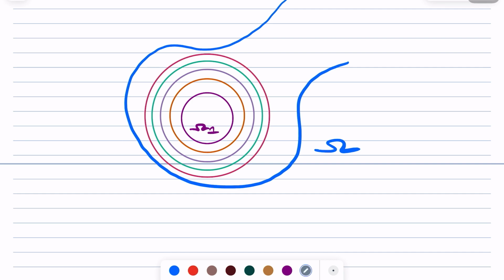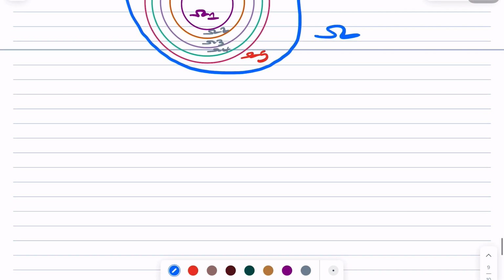This would be omega 2, this omega 3, this omega 4, and the last one would be omega 5. We want the boundary of those to be slightly far away, say 1 over n. This is basically the idea.